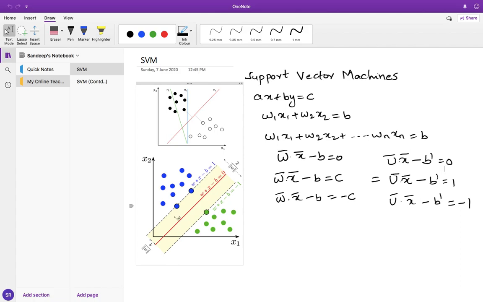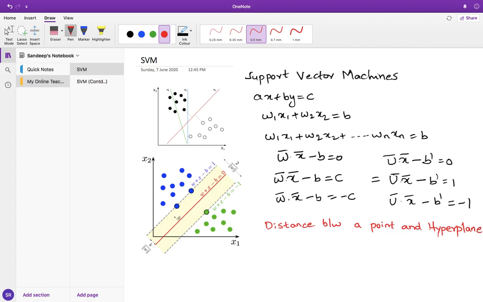Let me change the color here. I am finding the distance between a point and a hyperplane. This is very important in the core algorithm. Most people write the expression 2 by norm of w as the distance between the support vectors, but it's important to derive it, so let us derive it so that we get a complete feel of SVM.